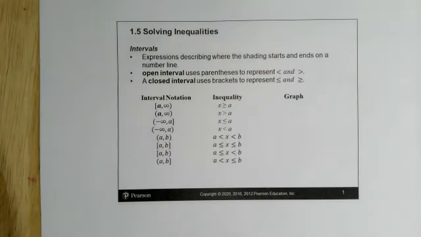Okay, so now this is a pretty big change, not really related to that. We are doing inequalities. So an equation has an equal sign, an inequality does not have an equal sign. It has something instead of an equal sign.